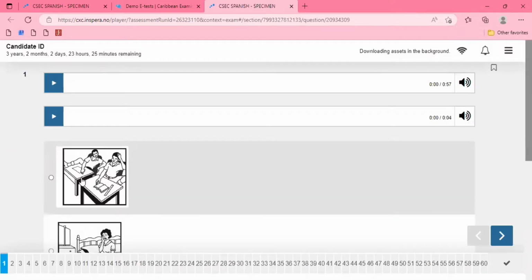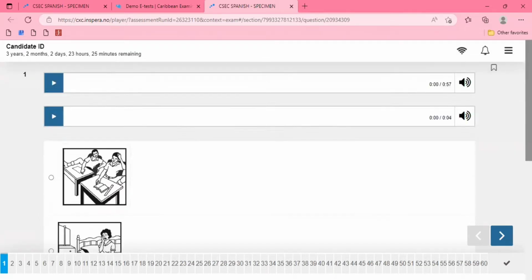So what I personally love about this paper, and you'll see and you'll hear as I work on it, is that all the sections are included. So this is really good practice. For the first part of the paper 1, you'll be listening to different audio clips and you'll have to select images or phrases that correspond with what you hear.